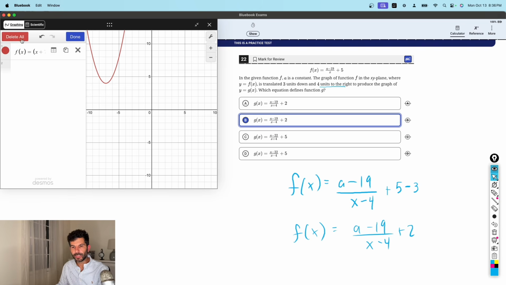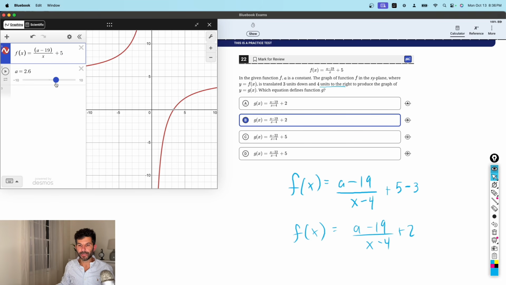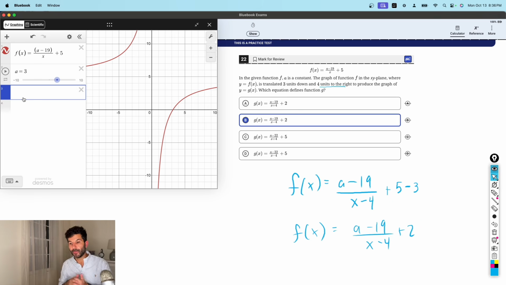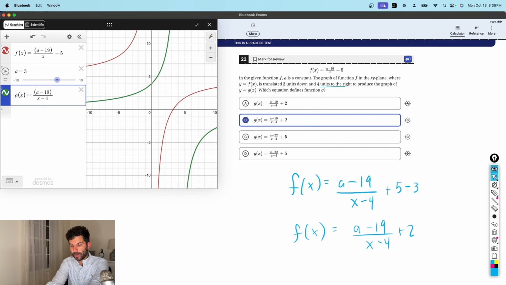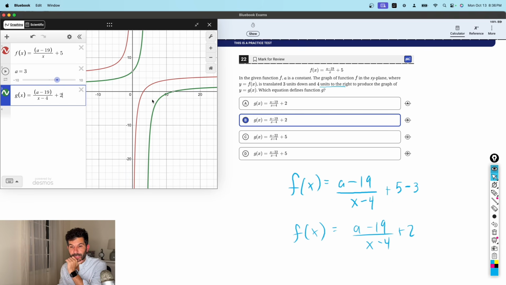Now, if I wanted to double check this, what I could do is this. I could go and type in my original function. So f of x equals, let's go parentheses a minus 19, close parentheses, over x, tab plus 5. Okay? Add a slider, sure. We'll make a3. Now, if I wanted to double check my answer here, and I type in g of x equals parentheses a minus 19, close parentheses, over x minus 4, tab plus 2, we need to just basically look at this green function and see what it did in regards to the red.